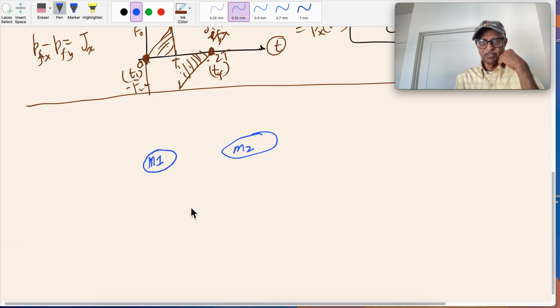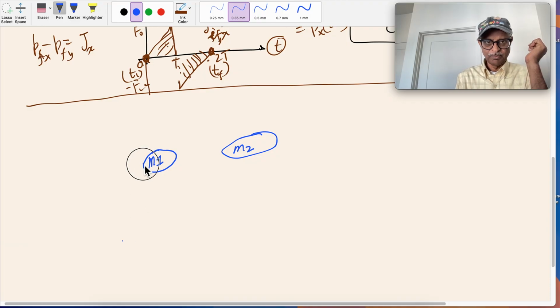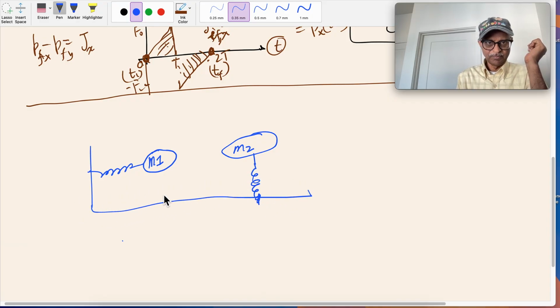To keep it simple, let's see, this is how it's connected outside, and then gravity between these guys, so there's a force between them.